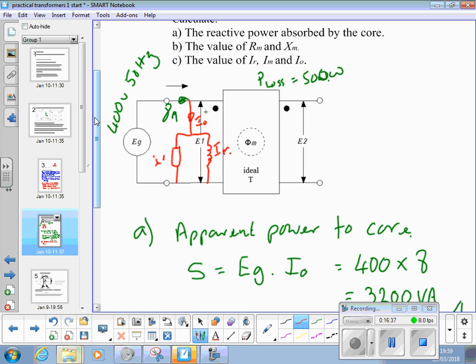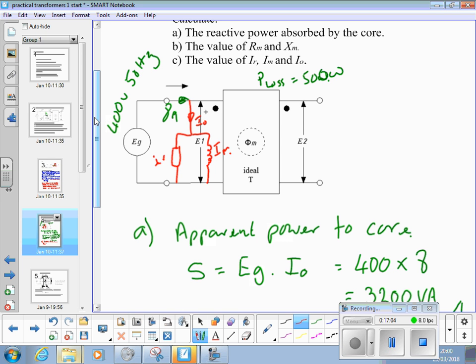In terms of RM, what do we know that we can use? Not all of IO is flowing through it, is it? We've got some of IO going there, some of IO going there. So current we can't use because we don't know which is which.